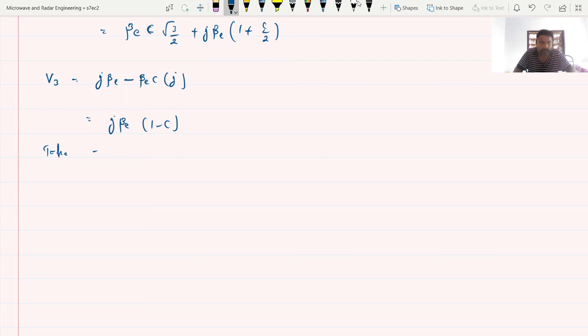And in gamma 4 equal to minus j beta I minus beta I c into delta 4, the delta 4 value is substituted here.